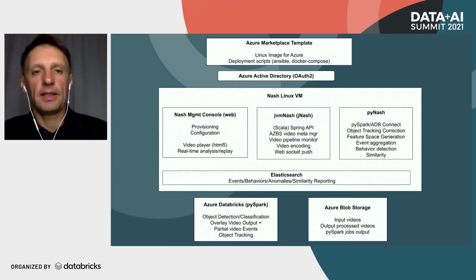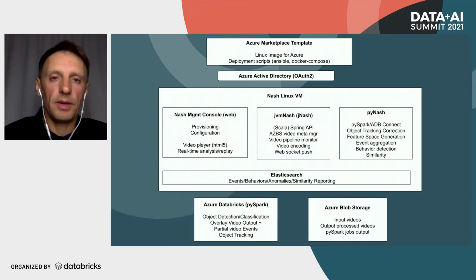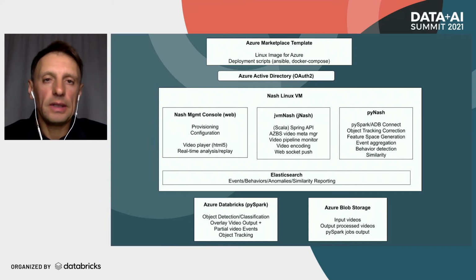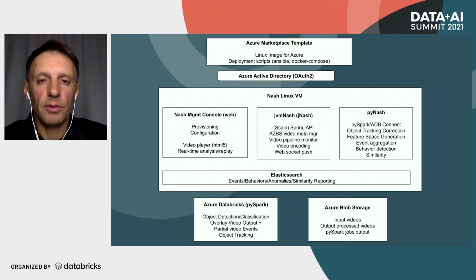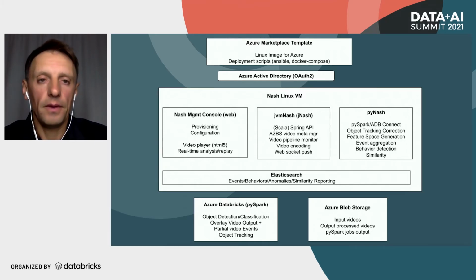So this is the architecture of the solution. As I mentioned at the top, the requirement was to push it into the Azure Marketplace. Once you download it in your own subscription, you get basically one Linux VM in Azure.